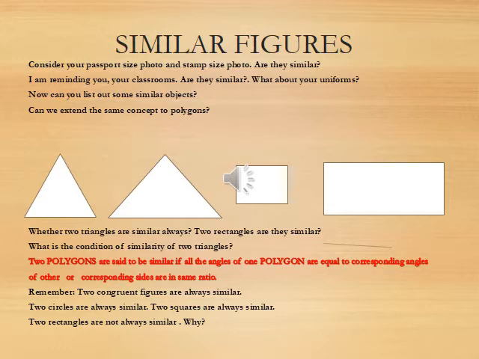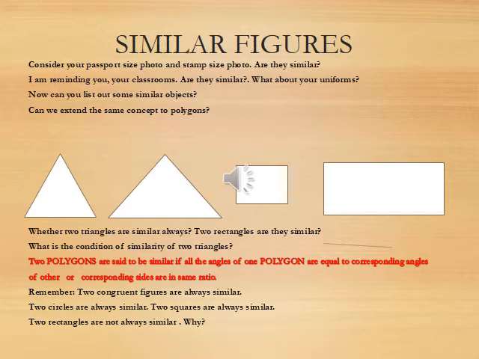Just observe two rectangles also. Can we say two triangles and two rectangles are similar always? What conditions are expected so that two triangles are similar? When can two rectangles be similar? That is what we are going to study.